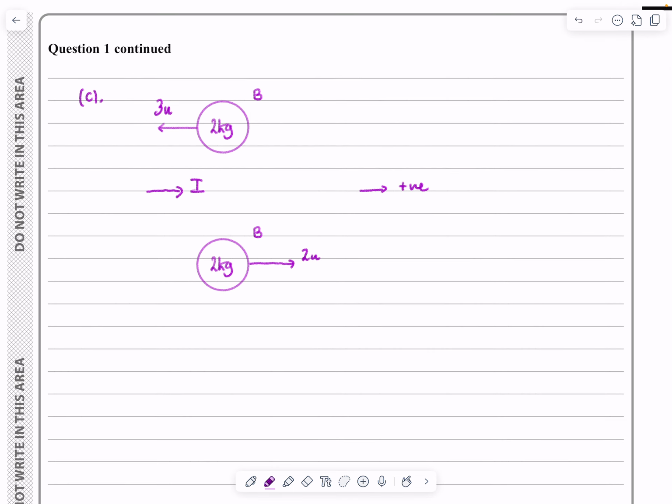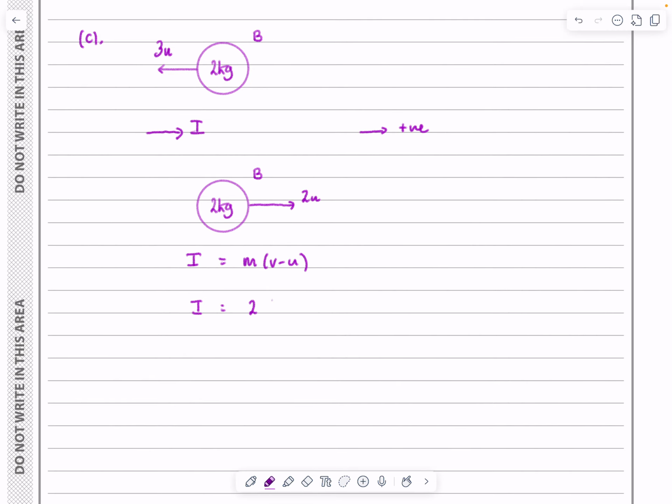And then impulse, pretty straightforward once you've got all your directions all sorted out. Impulse is just m(v minus u). So in this case, impulse is going to be 2 multiplied by 2U minus, and then the 3U is a minus, so minus minus 3U here.